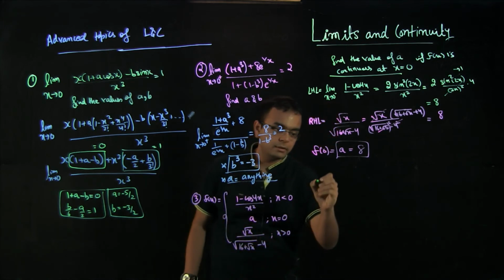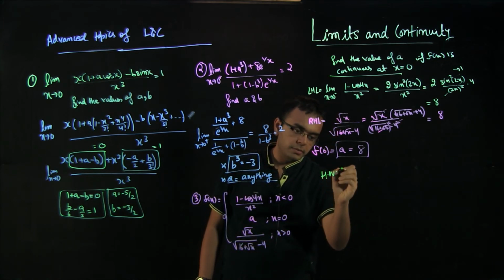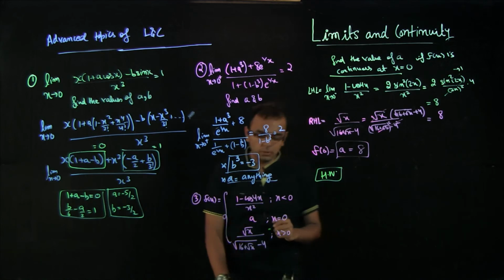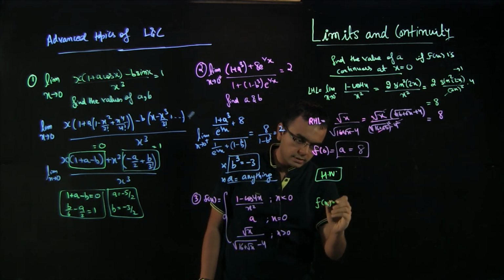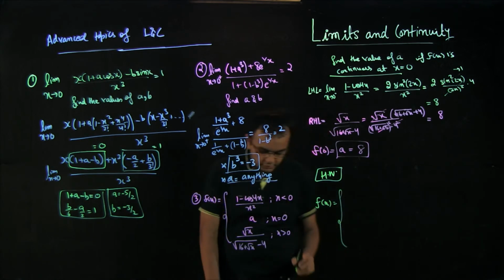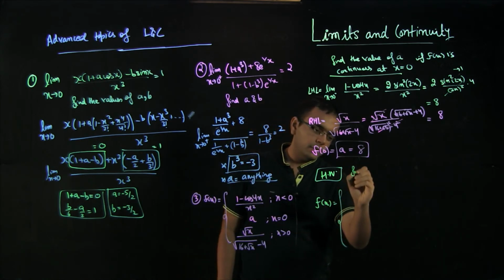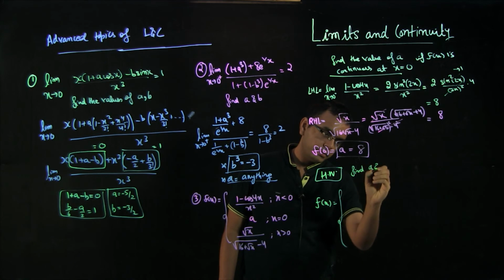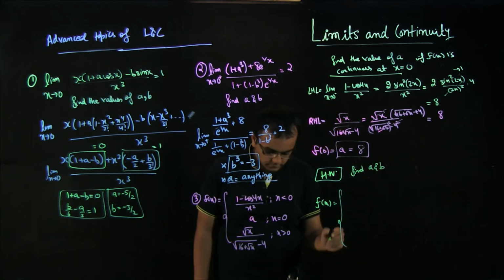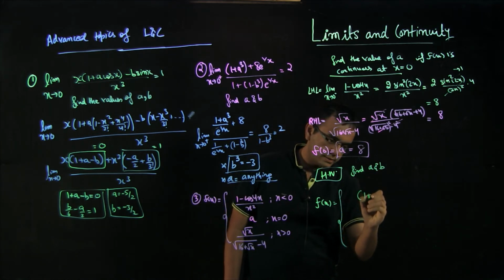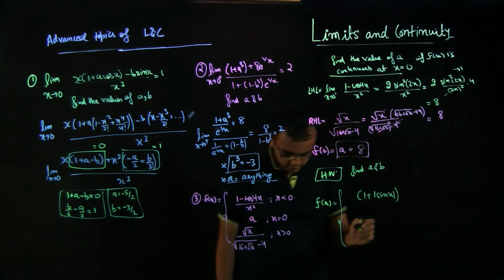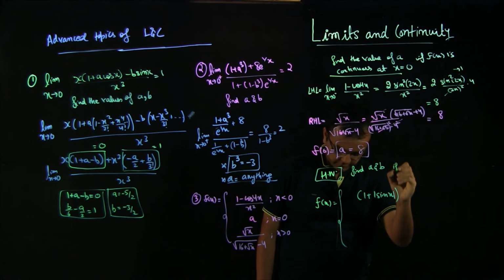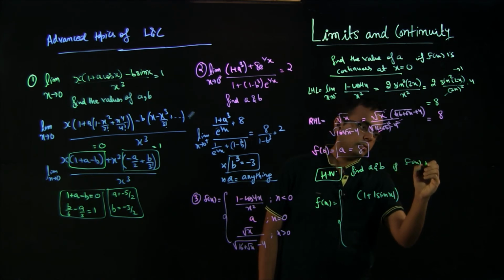Going on to the same problem, I will give you a homework problem so that you can try something on similar lines, and I hope it would be a good indication of how to solve these problems. You have to find the values of a and b, if f(x) is continuous at x equal to 0.